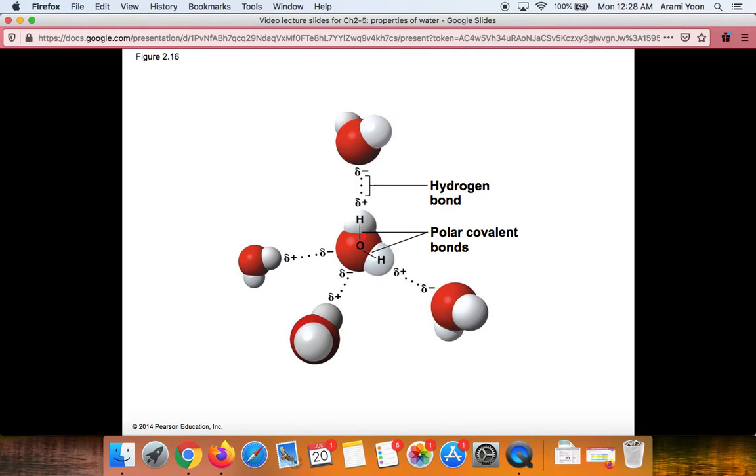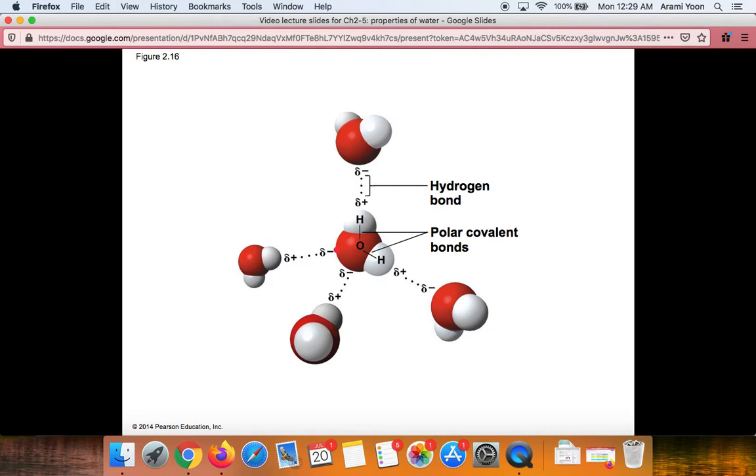There are 2 electrons in that bond. Those electrons are not equally attracted to the hydrogen and the oxygen because the oxygen is more positive. The oxygen has more protons. And so the electrons in this bond are going to be pulled towards the oxygen.